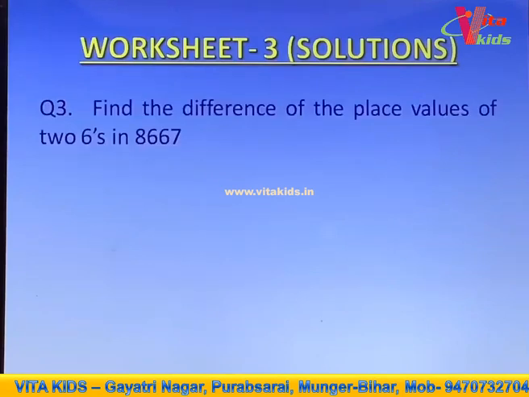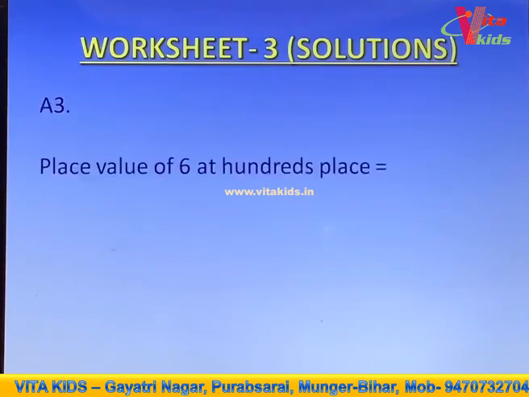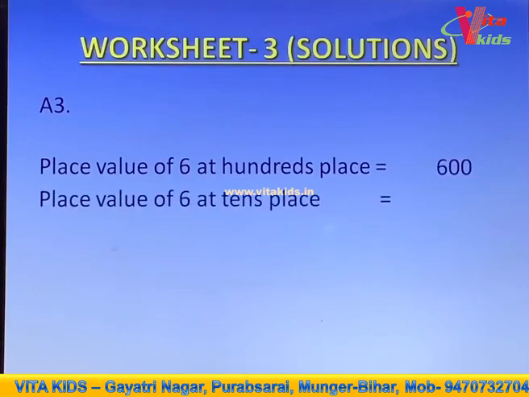Question number 3. Find the difference of the place values of two sixes in 8667. Place value of 6 at hundreds place will be 600. Place value of 6 at tens place will be 60.